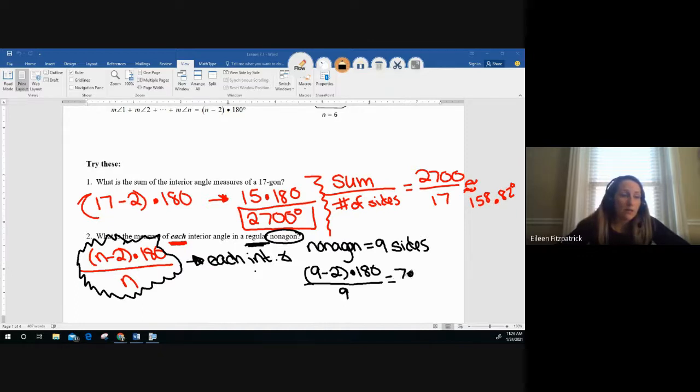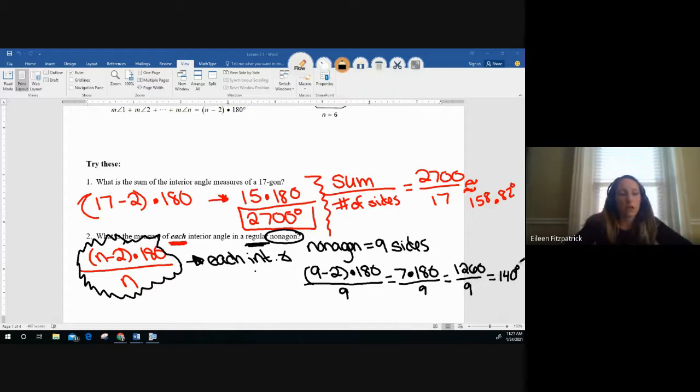So we have 7 times 180 divided by 9. All right, do your multiplication and then your division. Okay, so when you multiply, you're going to get 1260 divided by 9. And then when you divide, you get 140. Okay, so each angle is 140 degrees for a regular nonagon.